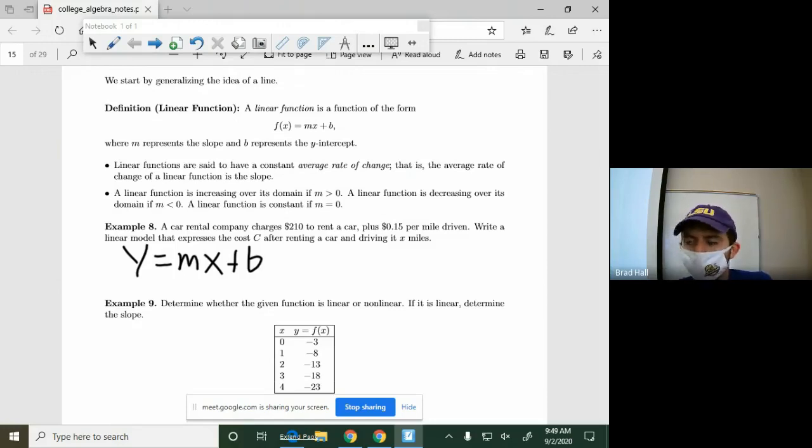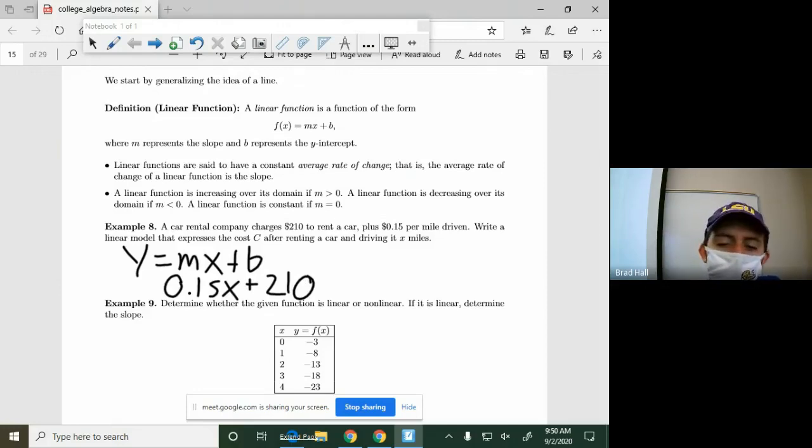Let's see, so all we have to do is figure out which number goes where. Which one of those is the slope and which one of those is the y-intercept? Now, it looks to me the per mile is a dead giveaway that the 0.15 is the slope. And since 210 is going to be charged no matter what, that is the y-intercept.